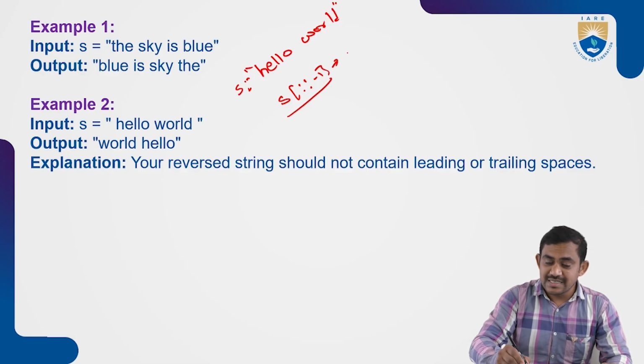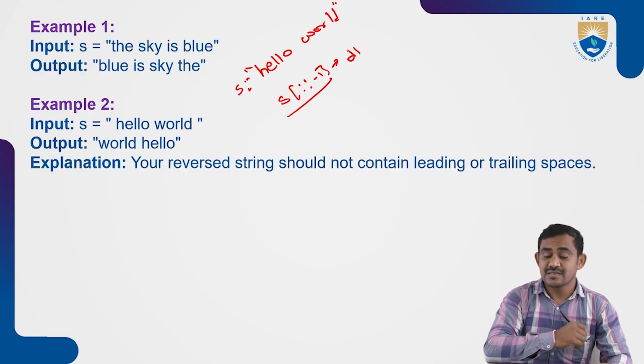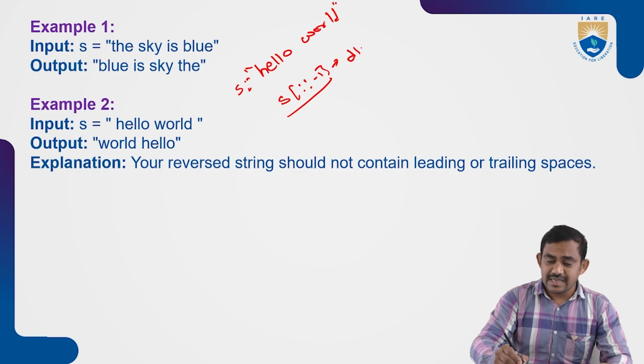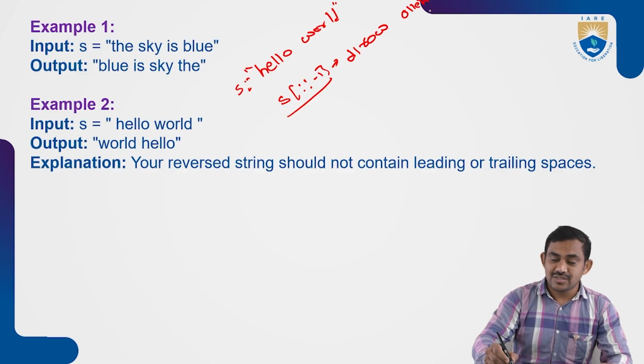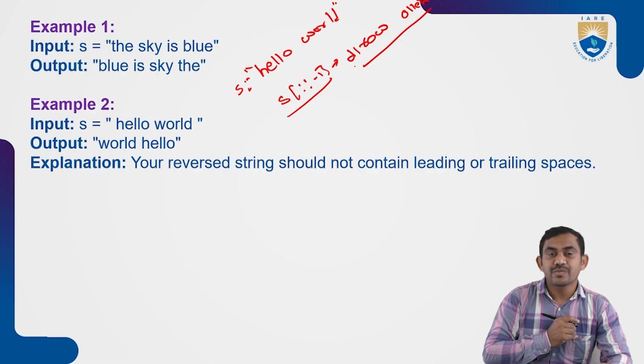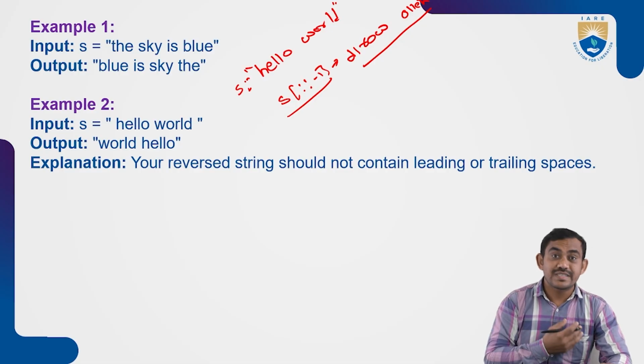Your output is the reverse of each character: D-L-R-O-W, space, O-L-L-E-H. This is your output using this logic. But this is wrong. So which logic is better?